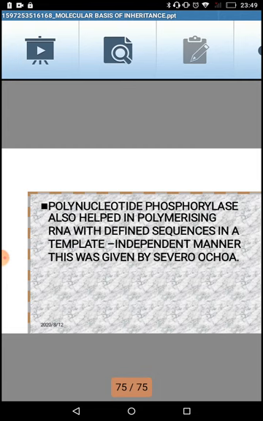Second, our genetic code is degenerate in nature, that means many codons can code for one single amino acid, and when the whole genetic code is read, it is without any punctuation. Next point, it is universal in nature, and one codon, that is AUG, functions in a dual manner, that is it is the initiation codon as well as it codes for an amino acid called methionine.